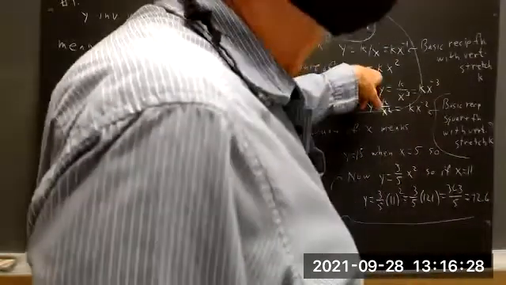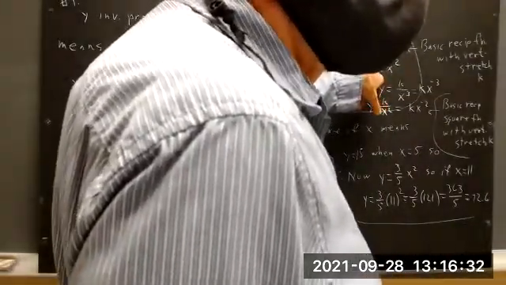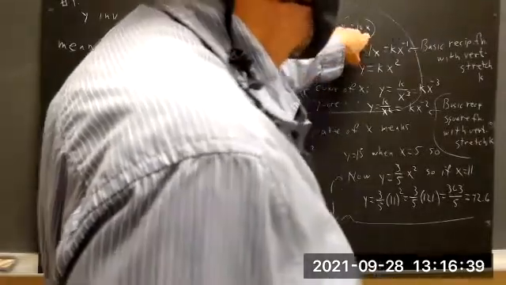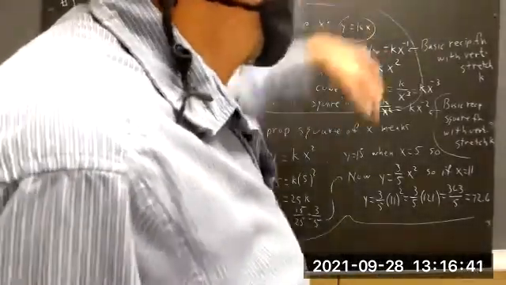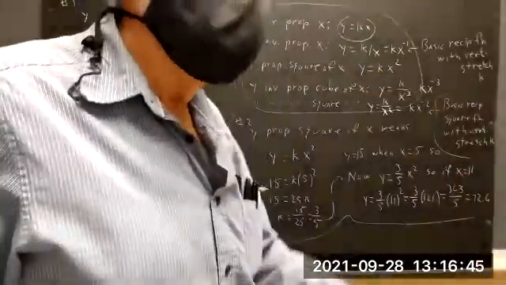This is your basic squaring function, vertical stretch. That would be your basic linear function. And kx cubed would be your basic cubic function.